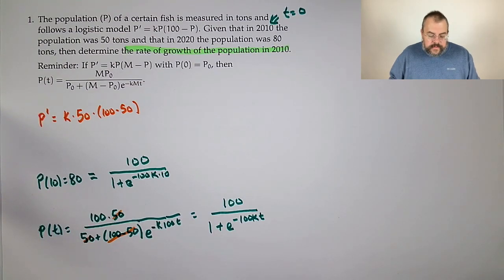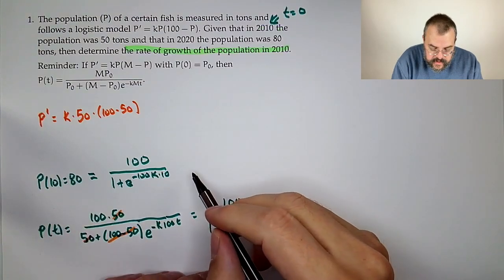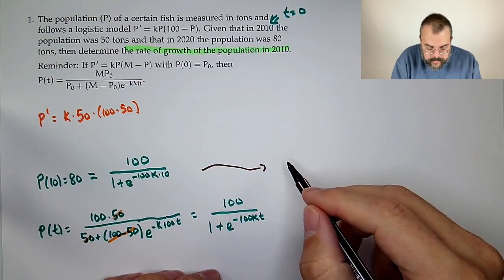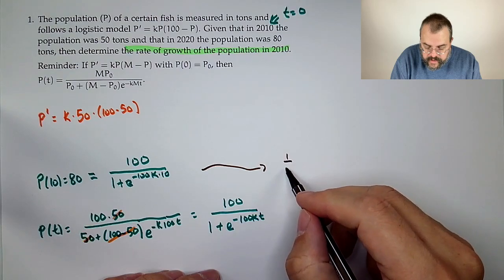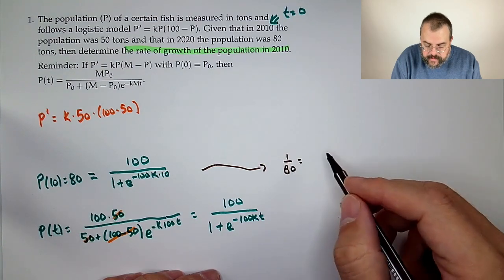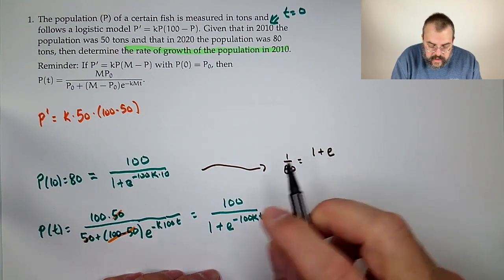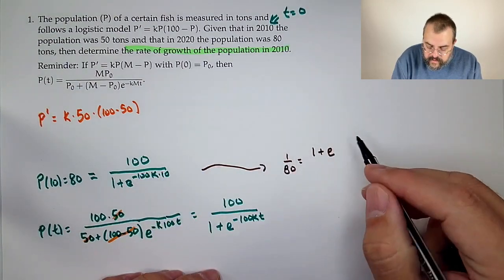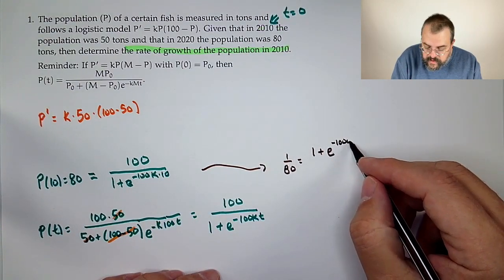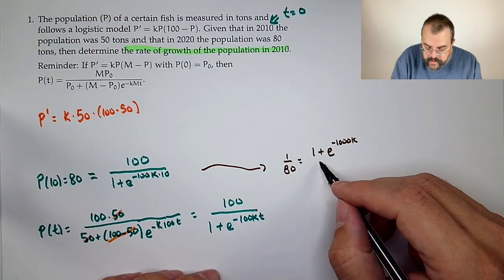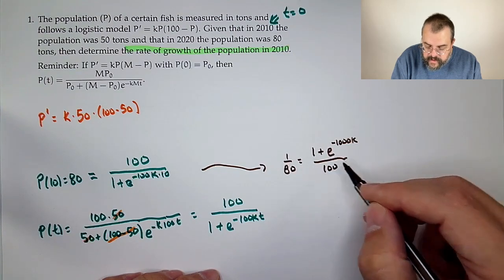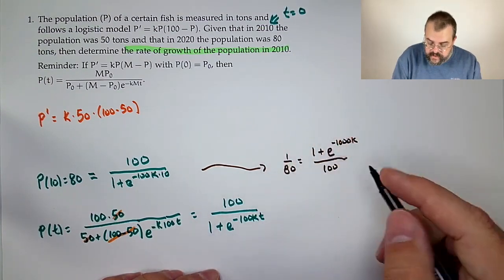So, what are some things we can do? We can flip both sides. So 1 over 80 is equal to 1 plus e, and 100 times 10 is 1,000, so to the minus 1,000k over 100. Move that 100 across.